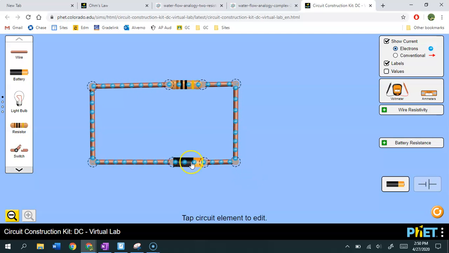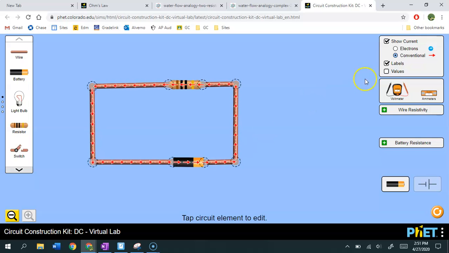And notice how the electrons are flowing out through the negative terminal and they're coming back in through the positive terminal, right? But that's not the conventional way that we represent it. So the way we represent current is the other way. So now notice how those red arrows are flowing through that resistor, and then they're coming back through the negative terminal of the battery. So that's the one you want to understand a little bit better.